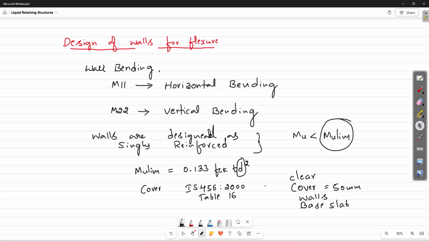So ETABS is no help in design. We rely on manual design for walls, top slab and base slab. Okay. So next we will proceed to flexure design.